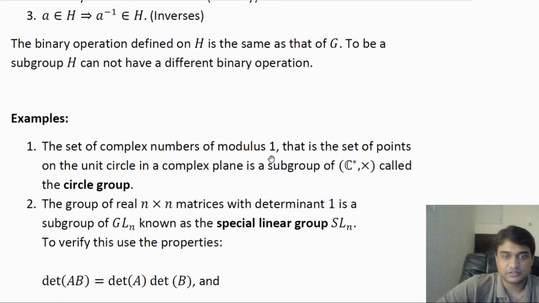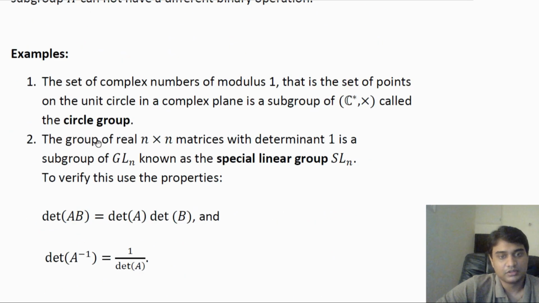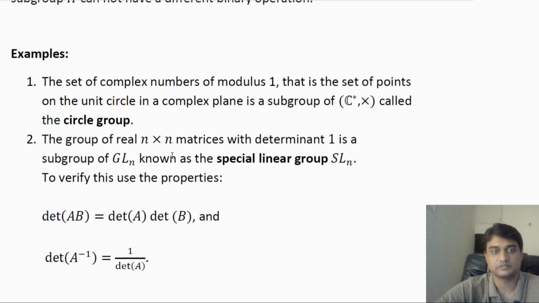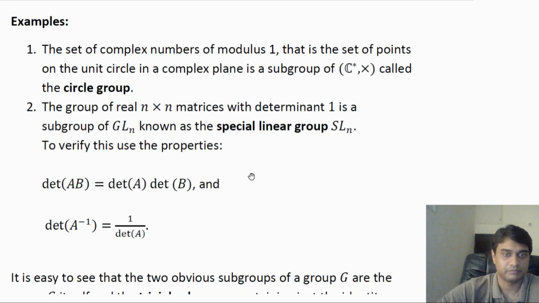So inverses exist, and therefore it is also a subgroup of the general linear group, right? The general linear group is a group of n by n invertible matrices, and here there is a special requirement that the determinant has to be 1, and these are real matrices, not the complex ones. The general linear group can have complex entries, but in the special linear group they are real matrices.